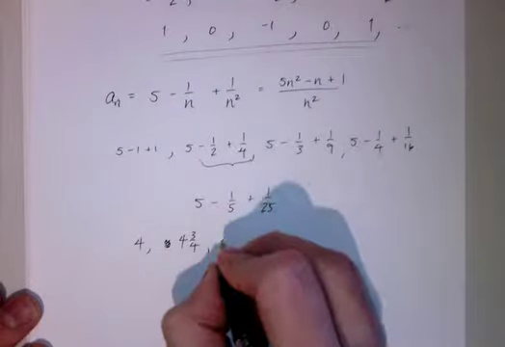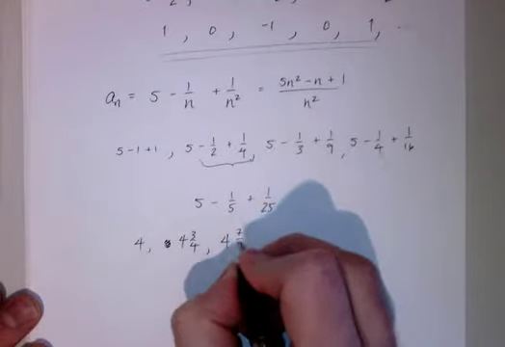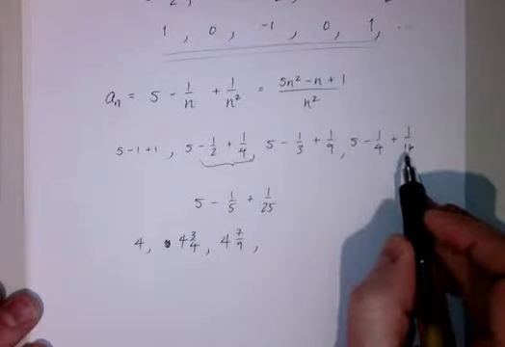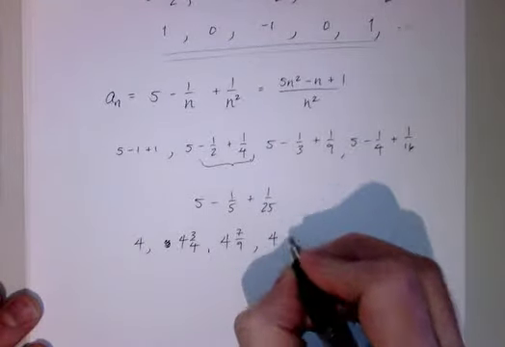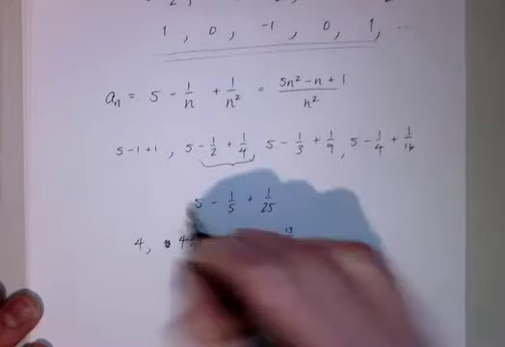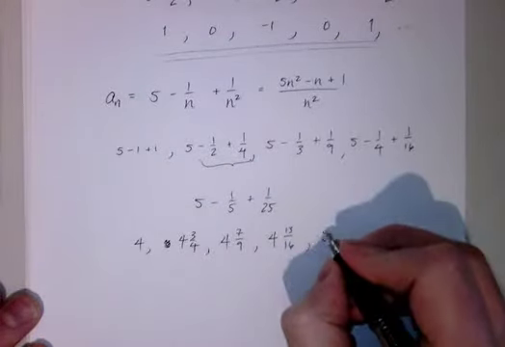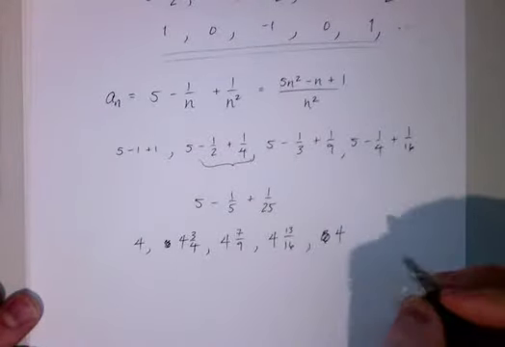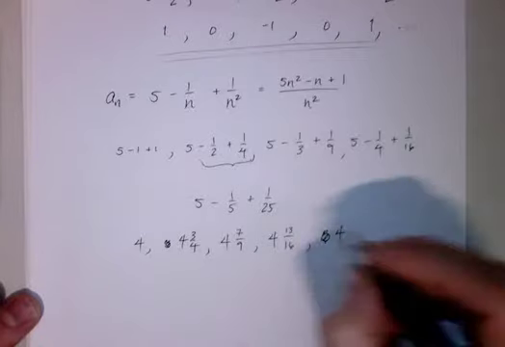So that winds up being 4 and 7/9. This one winds up being minus 3/16, so that's 4 and 13/16. And then of course from here that winds up being 4 minus 4/25, once you get a common denominator.